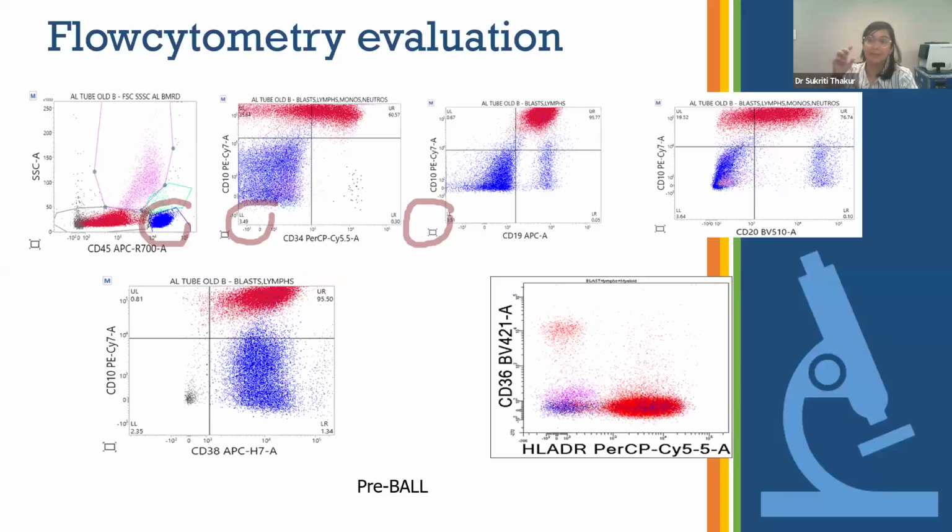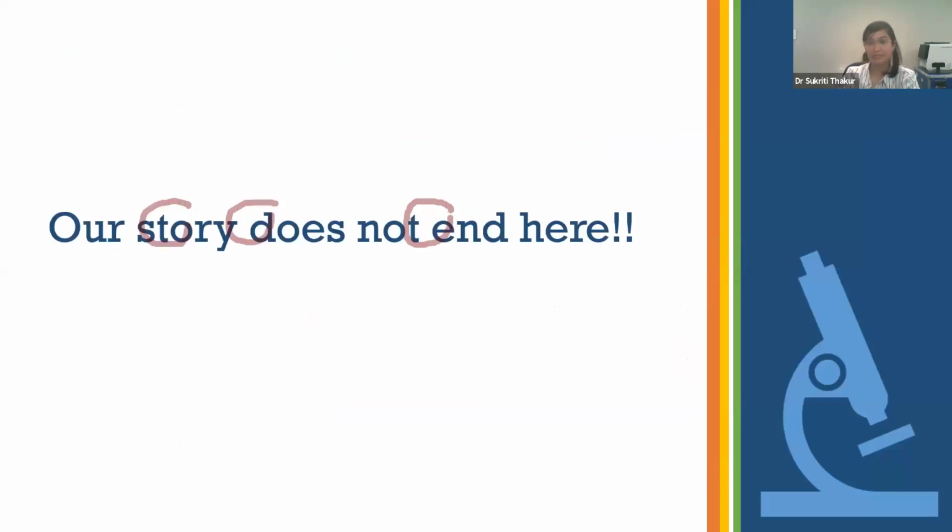The markers showed a beautiful immature marker, CD34 positivity, with bright CD10, bright CD19 and CD38, and dim to negative CD45. So this is the population of my interest, which are my blasts and which are abnormal. So I will tell my clinician that yes, the patient is suffering from B-ALL. So that's it.